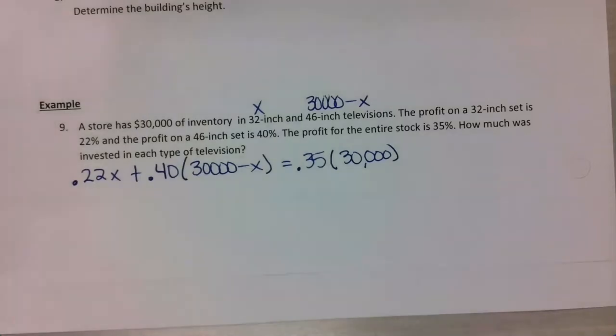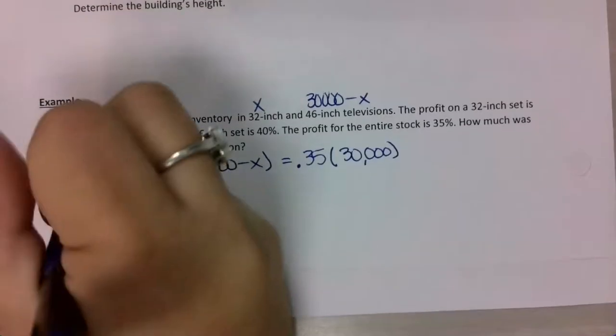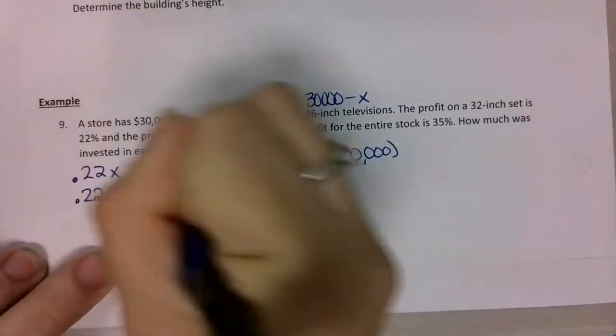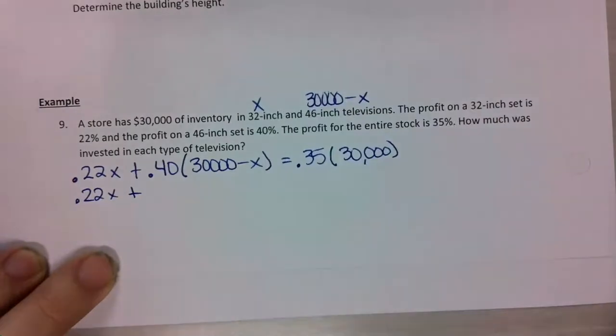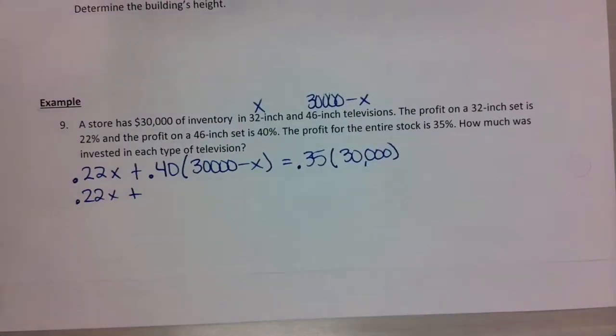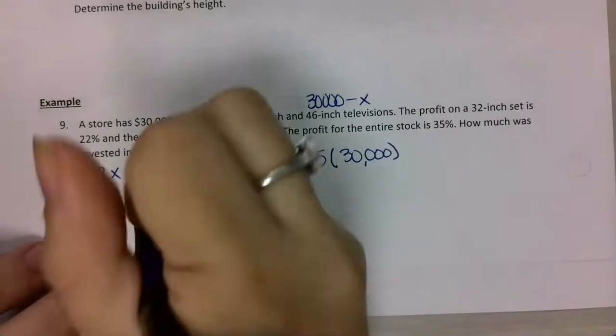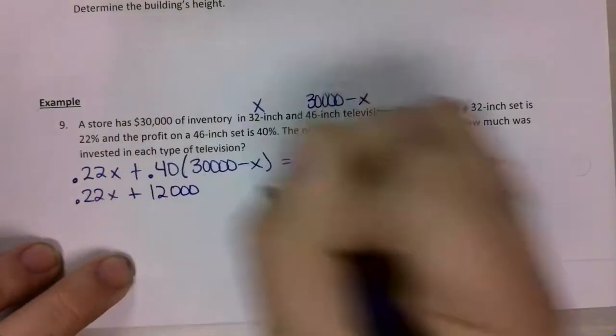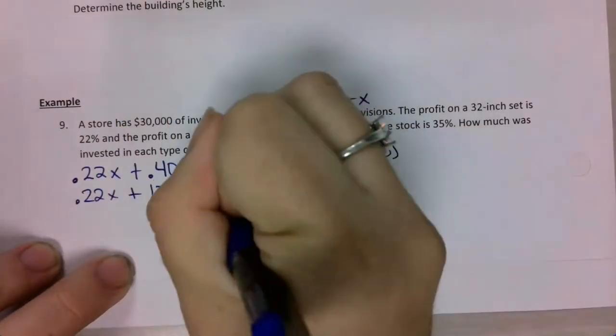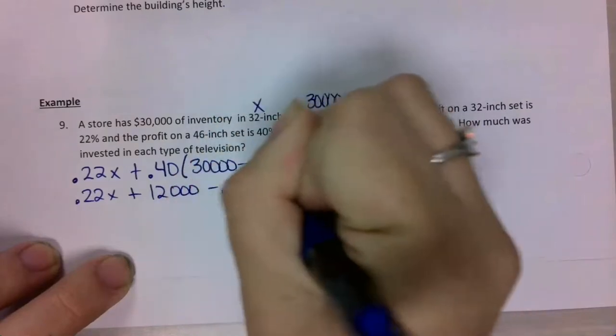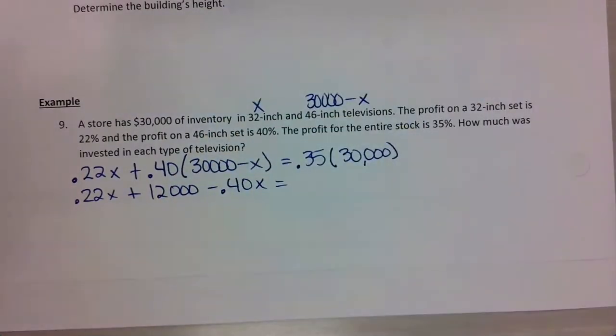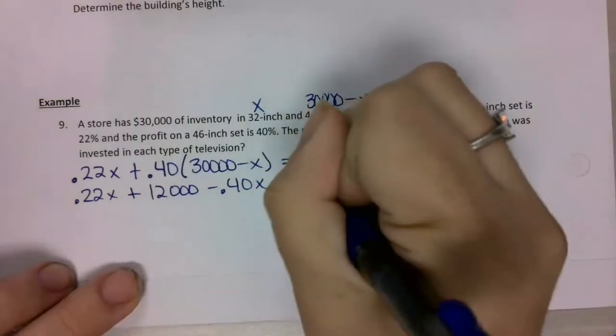So then I just want to actually go ahead and solve this. I'm going to have 0.22x. Nothing changes there. Then I have 0.40 times 30,000. 12,000. 0.40 times negative x is negative 0.40x. 0.35 times 30,000. $10,500.